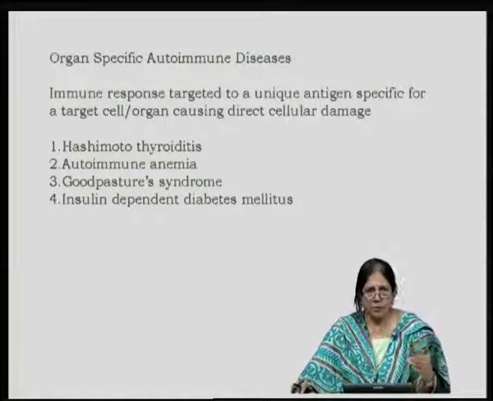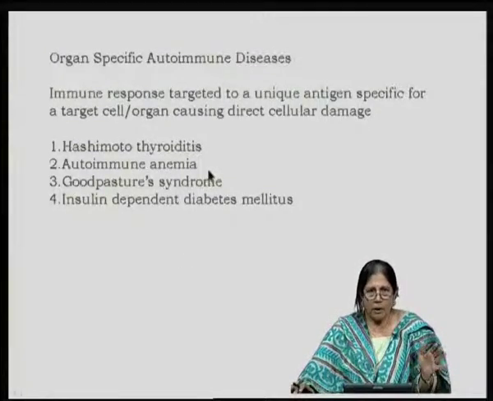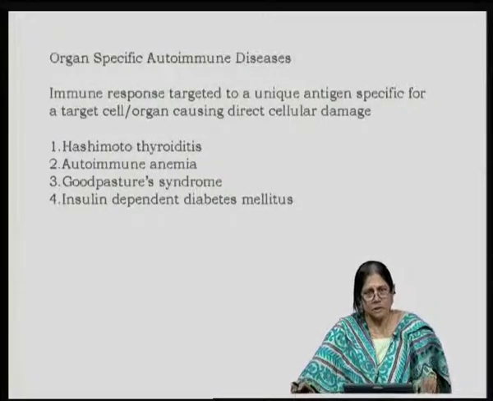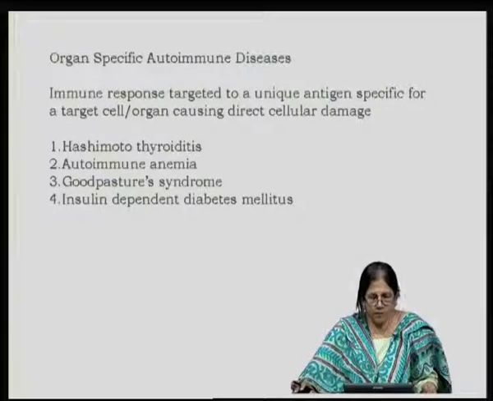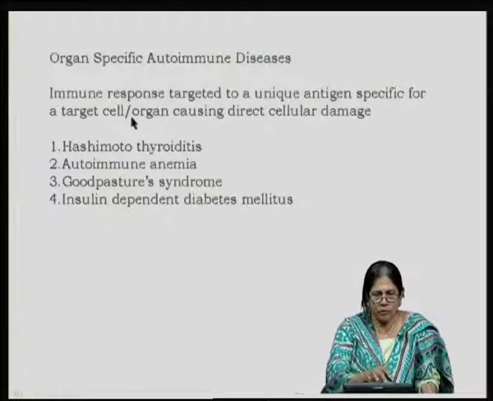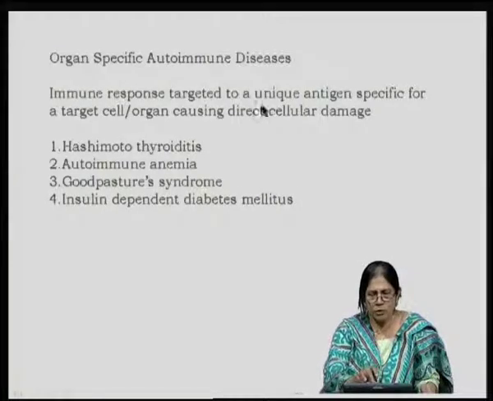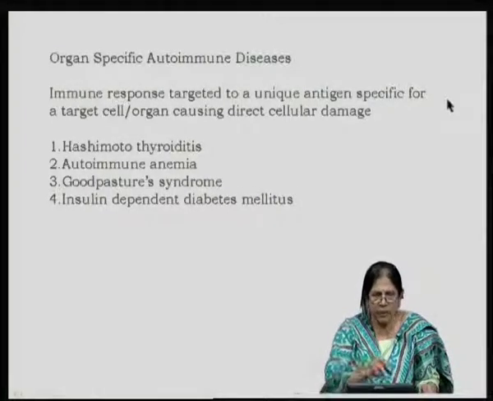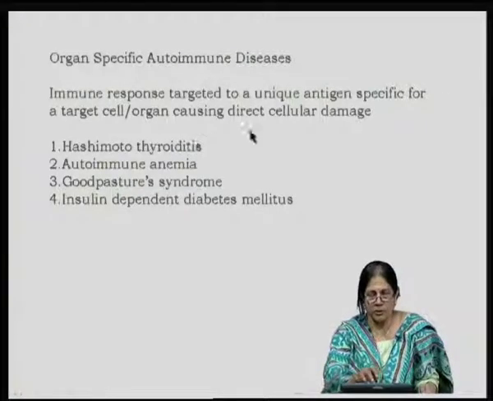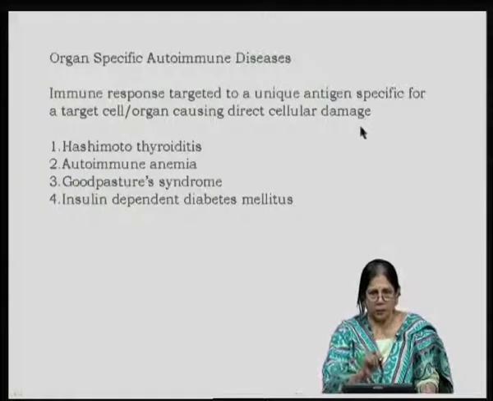Autoimmune diseases can be studied under organ specific autoimmune diseases versus systemic. Organ specific autoimmune diseases are where the immune response is targeted to a unique antigen which is specific for a target cell or organ, and therefore, the immune response causes direct cellular damage to that particular organ.